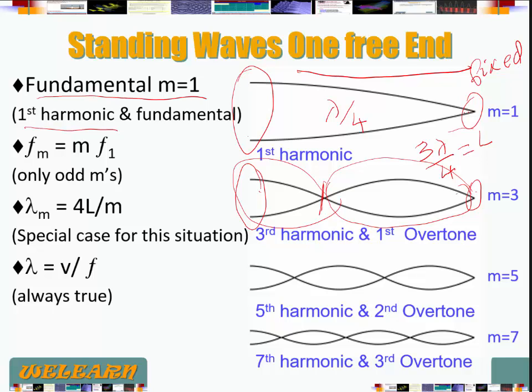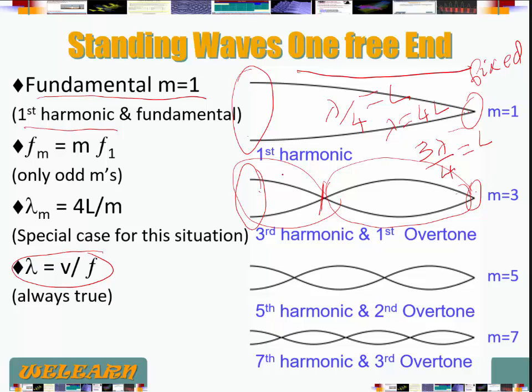Okay, remember that for all waves, we have this relationship. We said that for the fundamental frequency, lambda over 4 is equal to L, which leads to lambda is equal to 4L.